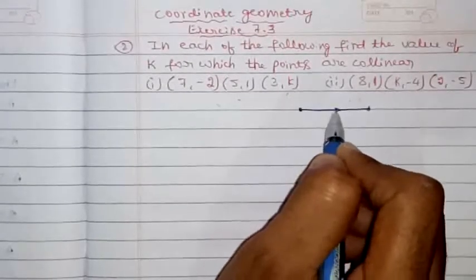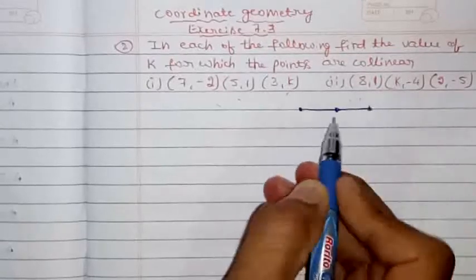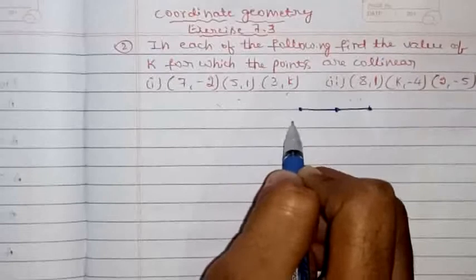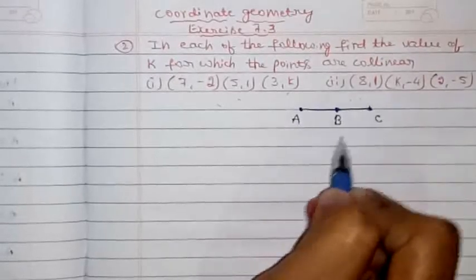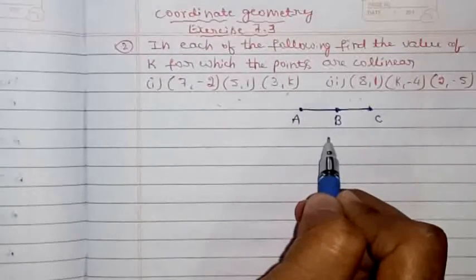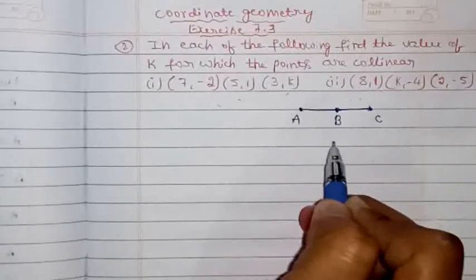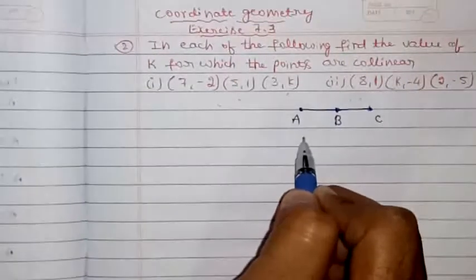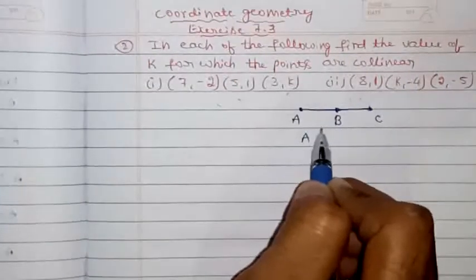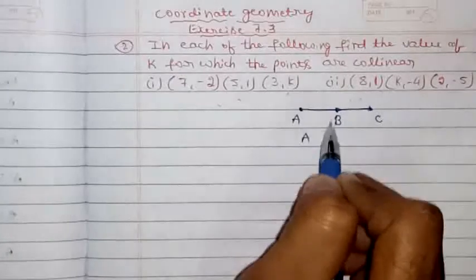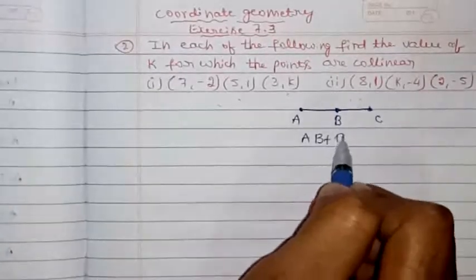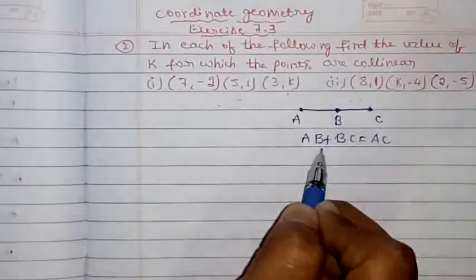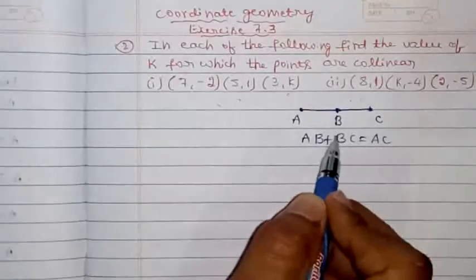Now let me call these points A, B, C. To say these 3 points are collinear, you need to verify this condition: AB plus BC should be equal to AC, right?